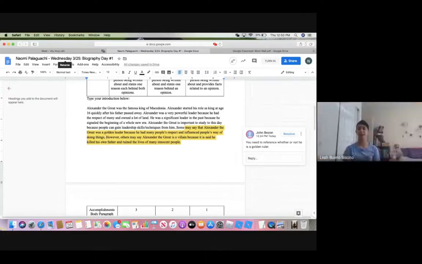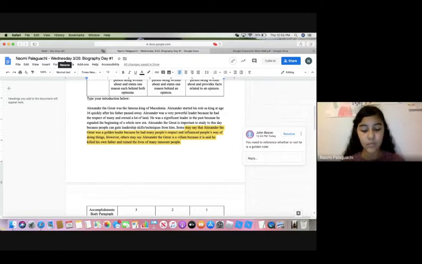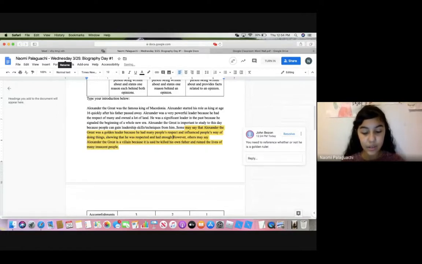Yeah, so when you write it, you can probably talk about like this shows that he was respected and had enough power to keep his people safe. Showing that he was respected and had enough power to keep his people safe.